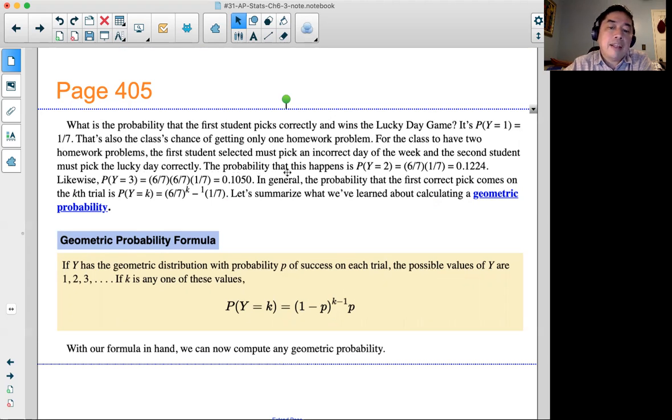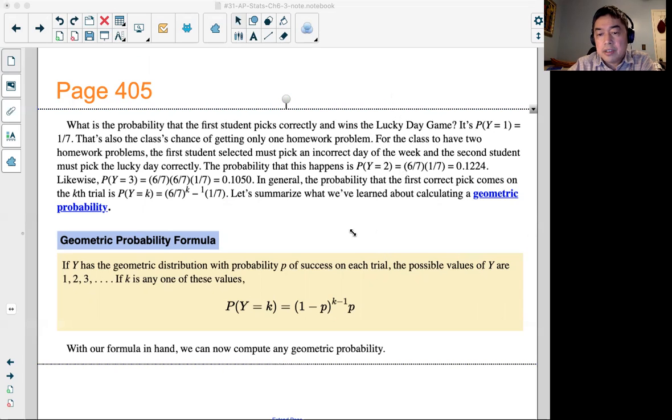The probability that this happens is the probability of Y equal to 2, which is the first time has to be unsuccessful, which is 6/7, a failure, and the second time choosing the correct answer, which is 1/7. So it's going to be 14%.